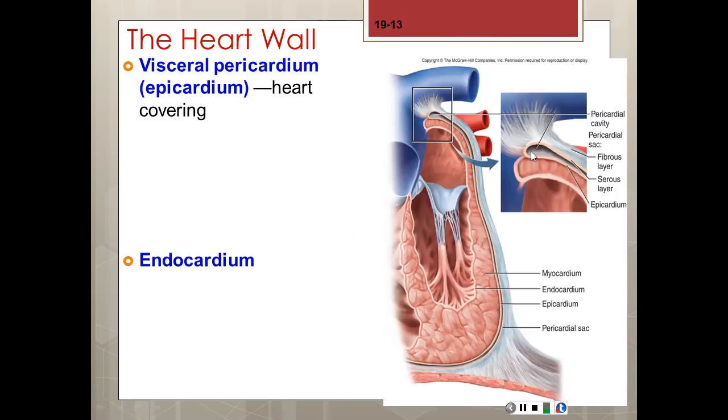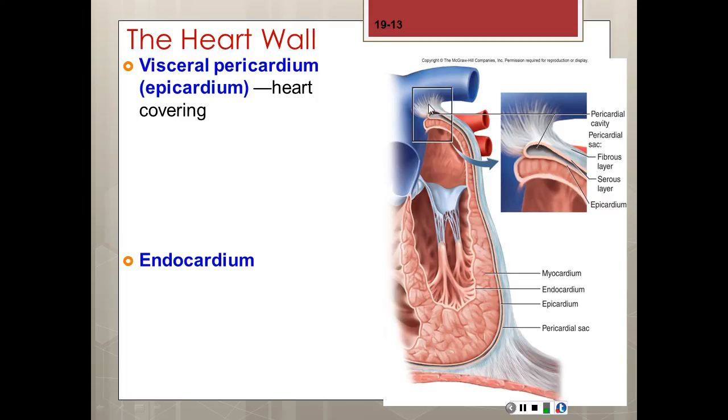So here's a closer look at the pericardial cavity and the pericardium. Here is the pericardium right here. Remember, that's a double-walled sac that's going to enclose the heart. So here we have the connection at the bottom where its ligaments are going to extend and anchor to the diaphragm.